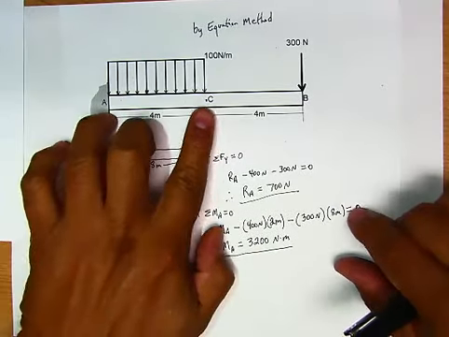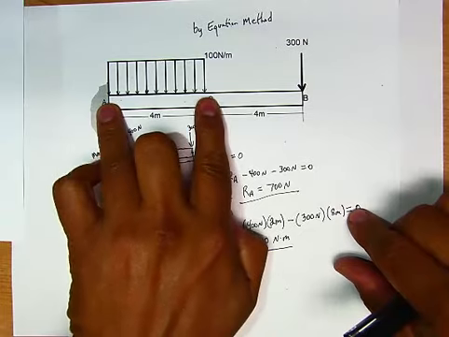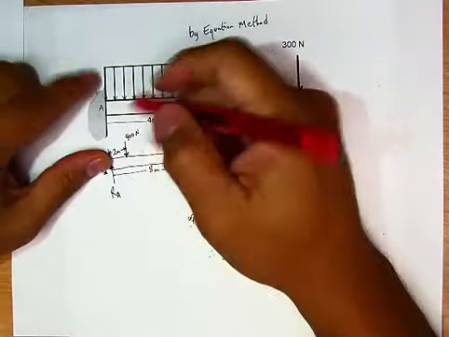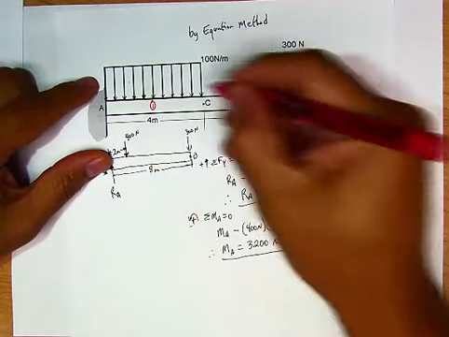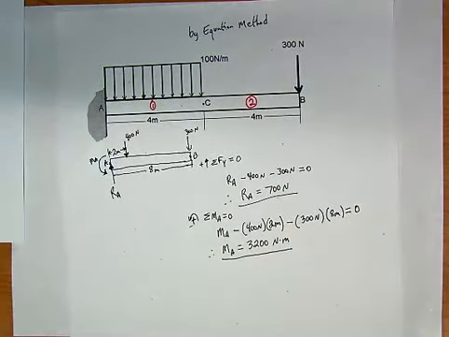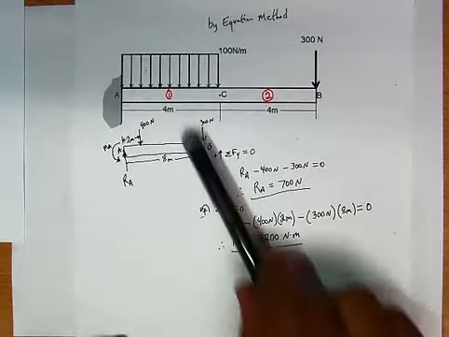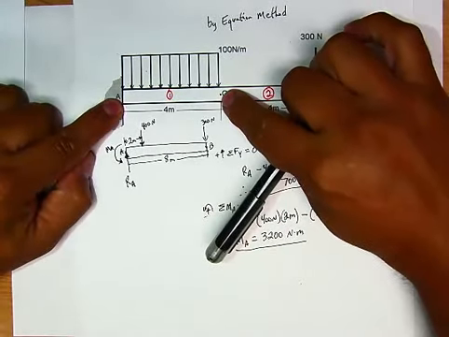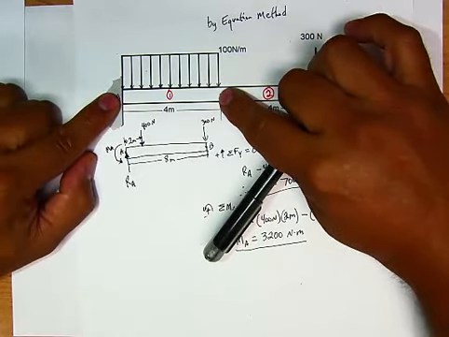So here we have two very interesting sections, right here and right here. I'm going to call this section 1, and this section 2. Let's start from left to right, and we're going to slice this somewhere between 0 and 4 meters, in other words, between point A and point C.